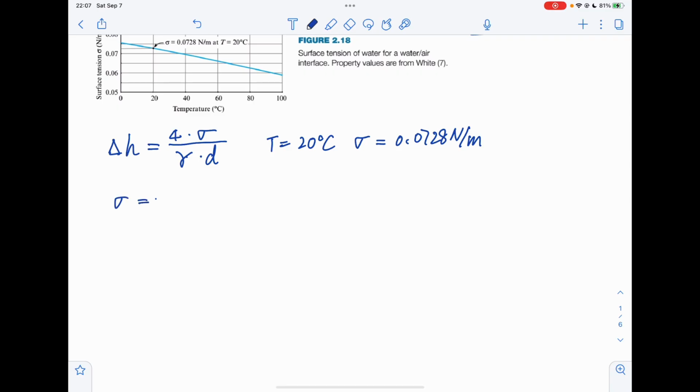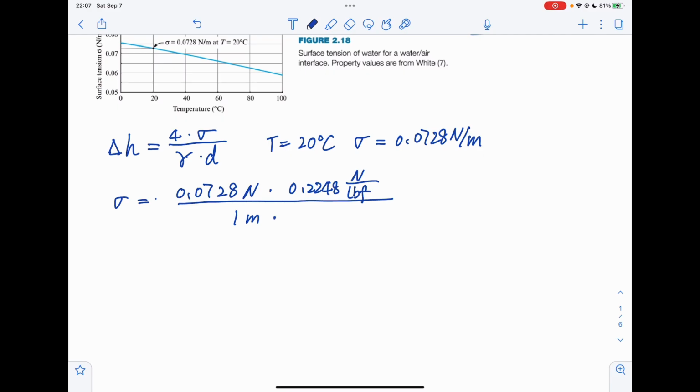So sigma equals 0.0728 Newton times 0.2248 pound force over 1 Newton, times 3.2808 feet per meter, and it will give us a number of about 0.05 pound force over feet. Okay, so we have a sigma.